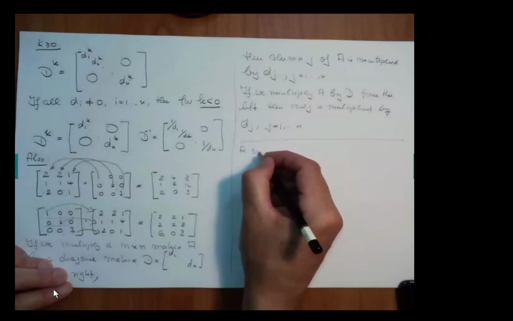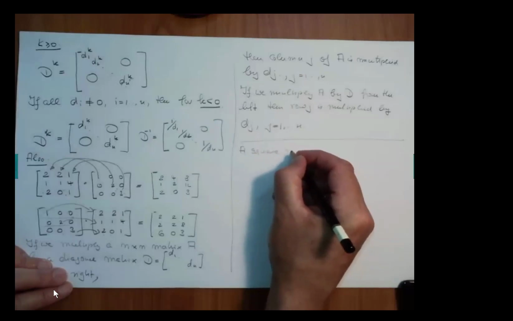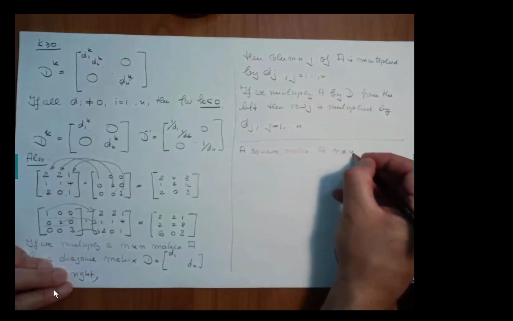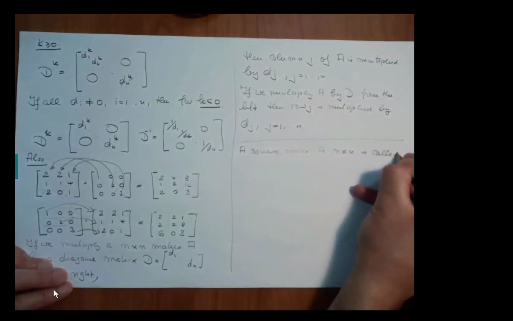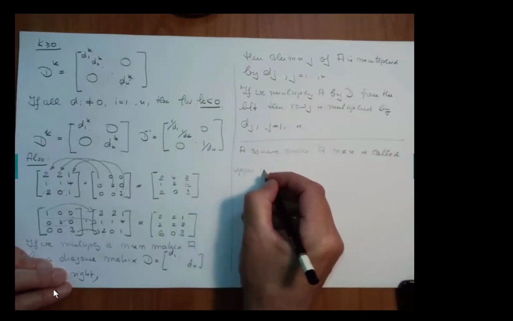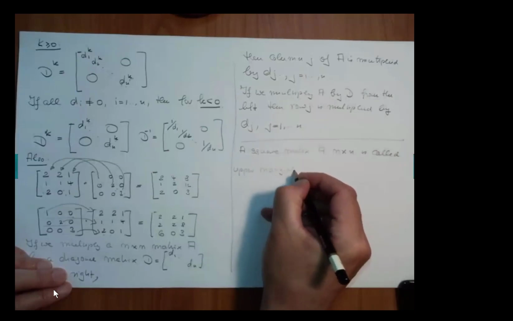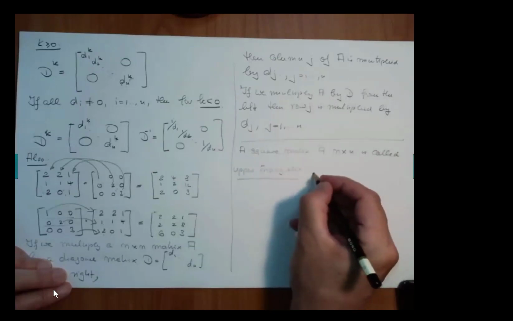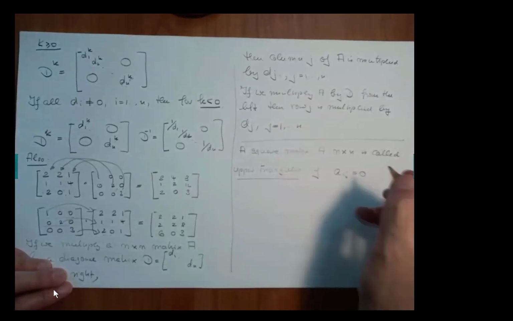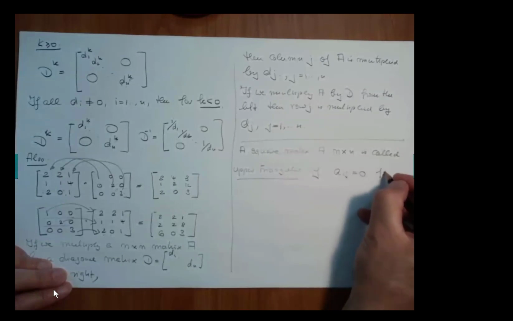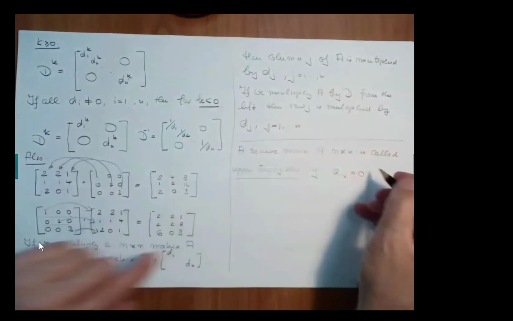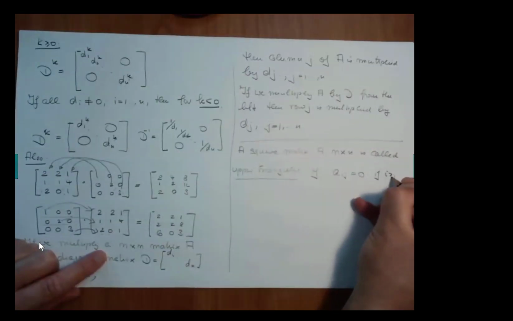So a square matrix A, n times n, is called upper triangular if a_ij is equal to 0 if i is larger than j.